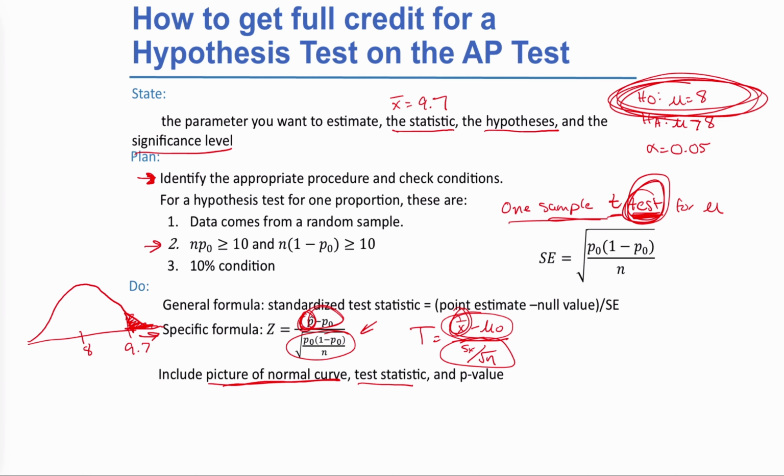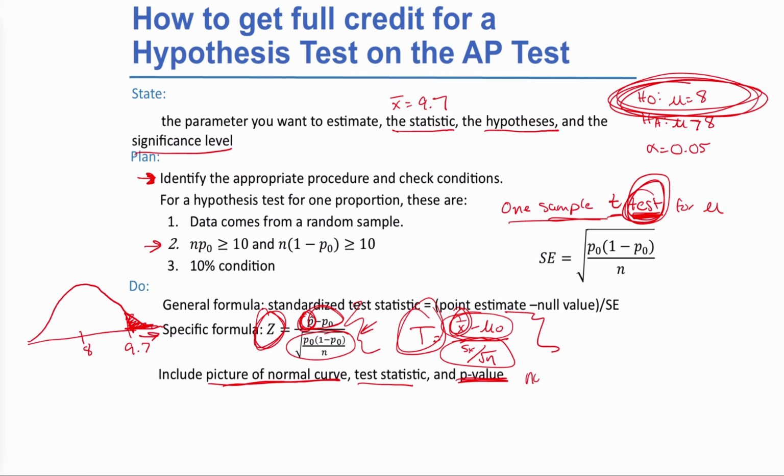Include the test statistic. The test statistic is the t or the z value. So whatever you get as an answer for t or z once you do all of this work. And then do the p-value. You're going to do the p-value on your calculator, but you should write down what you do on your calculator.